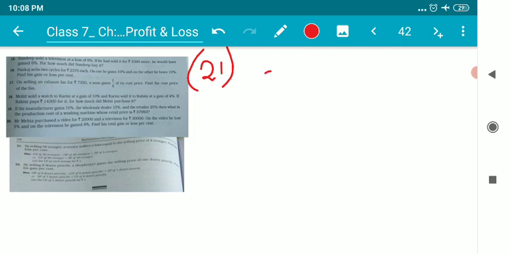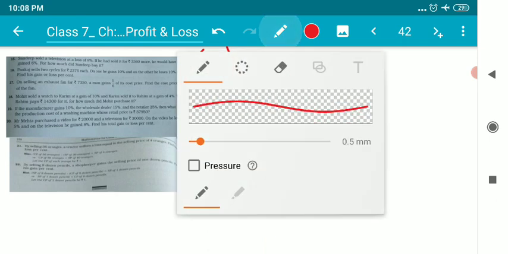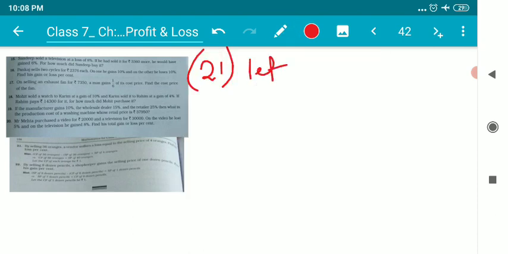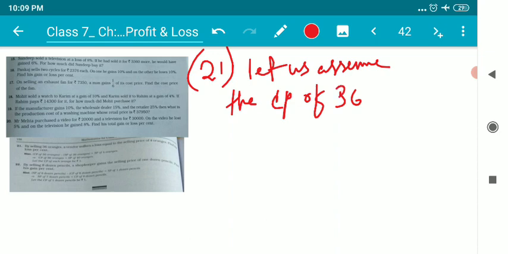A man is selling 36 oranges, and after selling 36 oranges, he has seen that he has made a loss of the selling price of 4 oranges. Let us assume the cost price of 36 oranges to be rupees x.